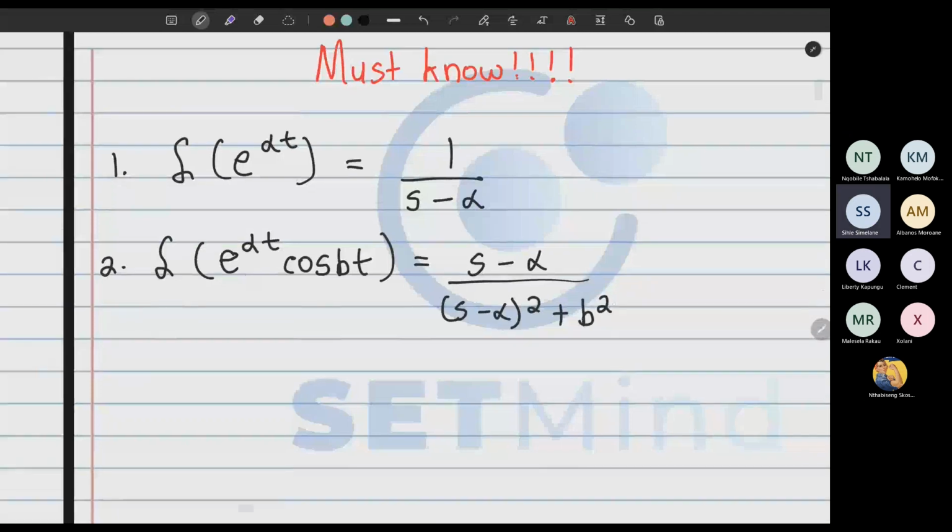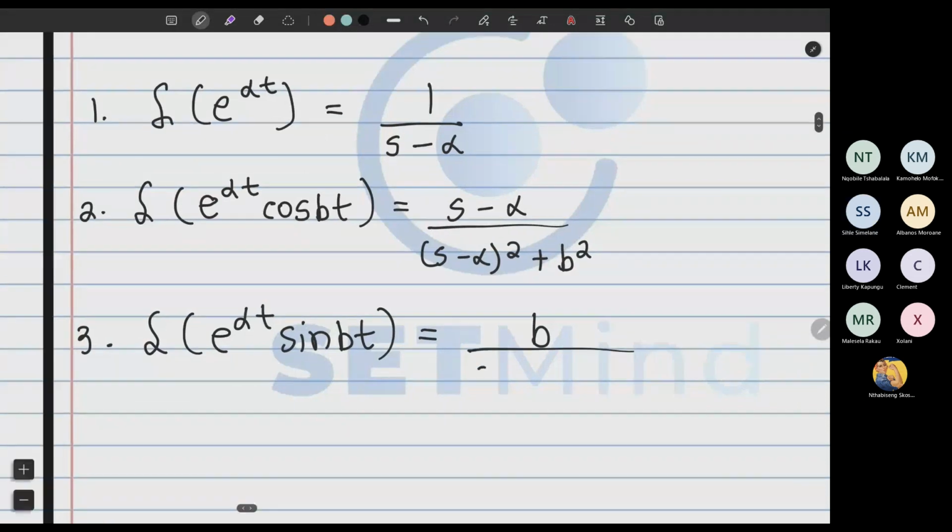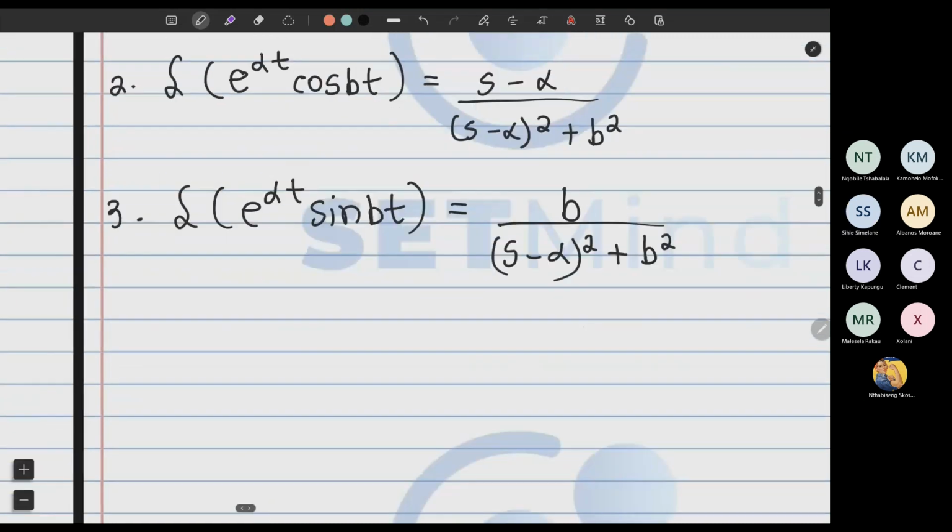This you must know. 3, the Laplace transform of e to the alpha t sine of bt, this should be equal to b over s minus alpha squared plus b squared.